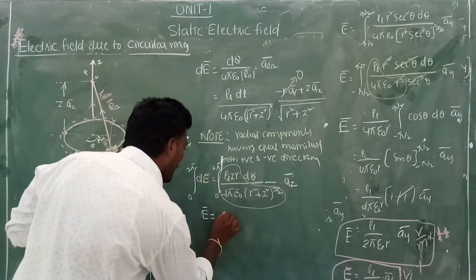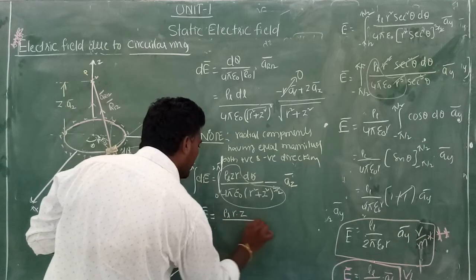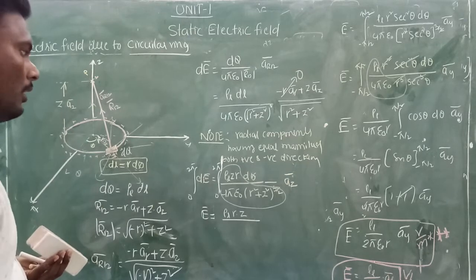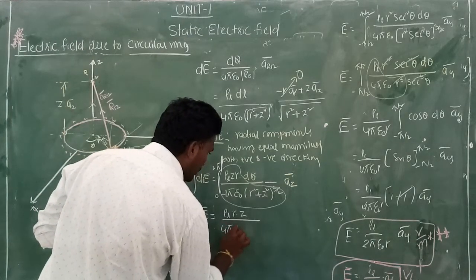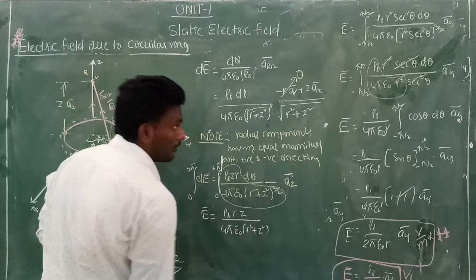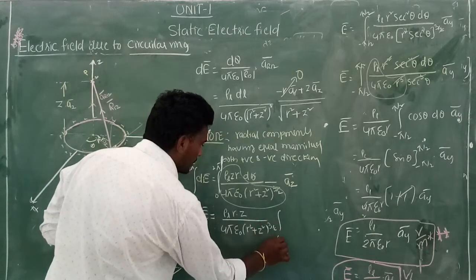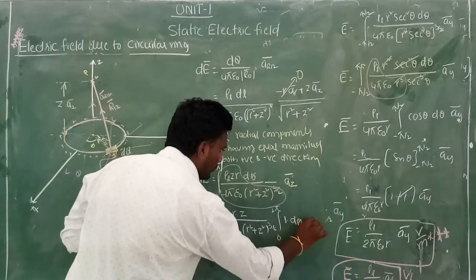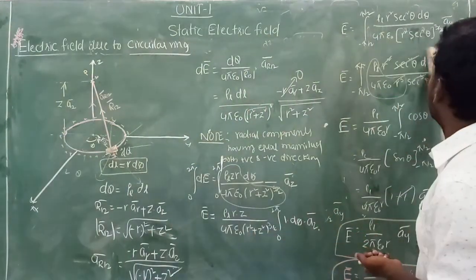So that's why I am taking rho L r z by 4 pi epsilon naught, r square plus z square whole power 3 by 2 common, leaving the integration from 0 to 2 pi of 1 with respect to d phi into az bar. What will you get here if you do the integration?